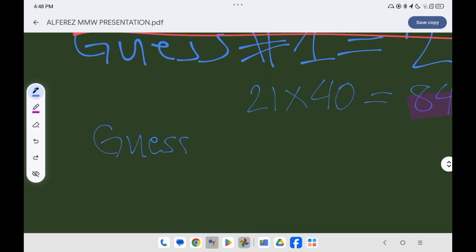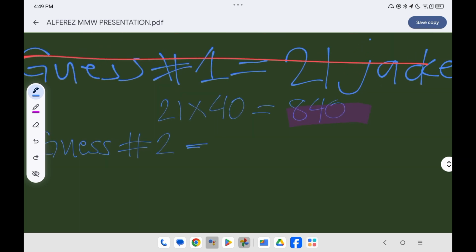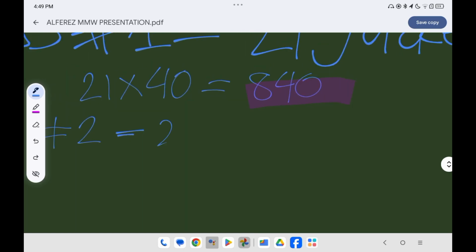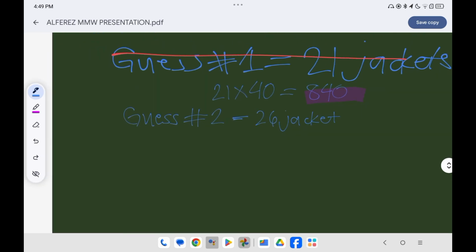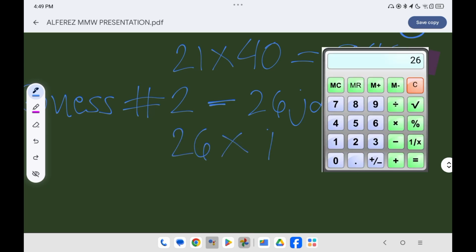Guess number 2. So, let's assume this time that the number of jackets that can make a profit of $960 is 26 jackets. Let's multiply it with 40. 26 times 40.